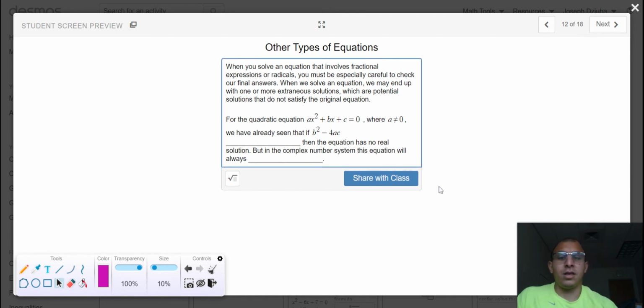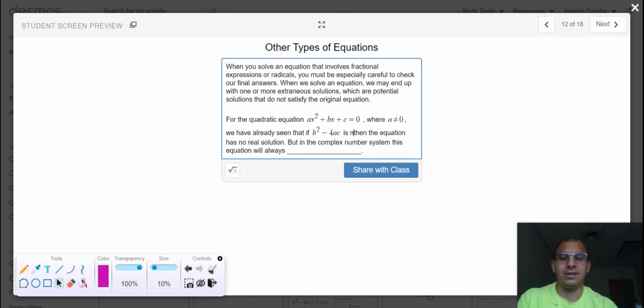So if you answered the previous question and you said yes, you're incorrect. We have already seen that if b squared minus 4ac is negative, then the equation has no real solution. But in the complex number system, which will be the topic of the next video, this equation will always have a solution.